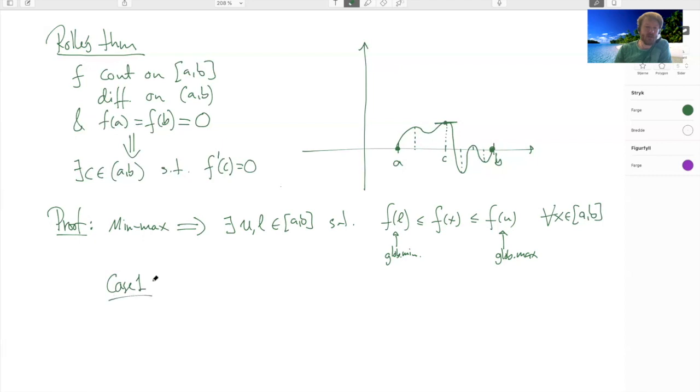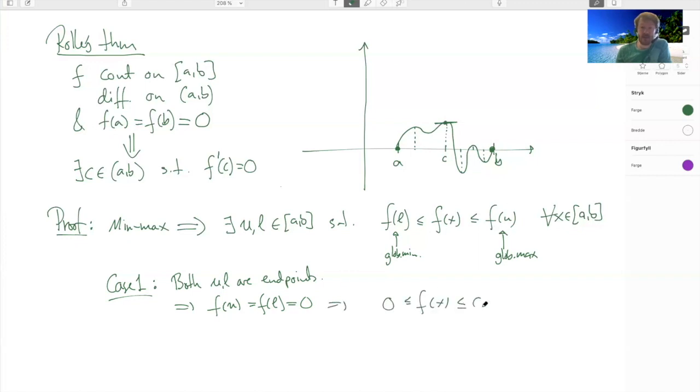So case 1 is what? Well, case 1 is if both u and l are endpoints. But this implies that f(u) is equal to f(l) is equal to 0, since this is the value I have at the endpoints. What does this mean? Well, this is a 0, this is a 0. So this means that f(x) satisfies this inequality for all x in [a,b], which means that f(x) is equal to 0 for every x in [a,b].